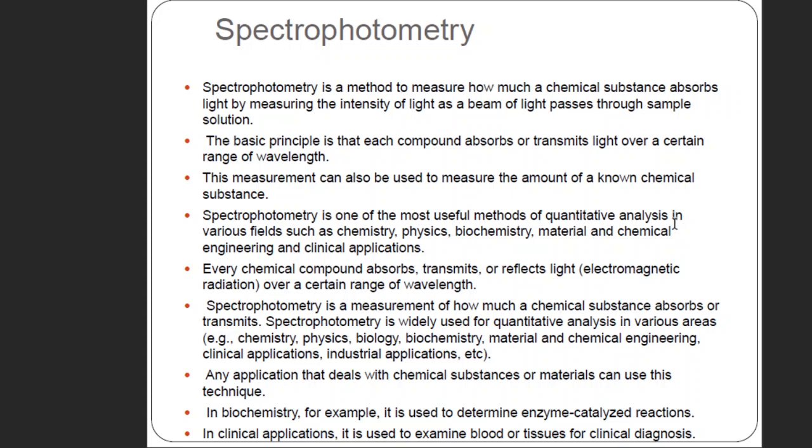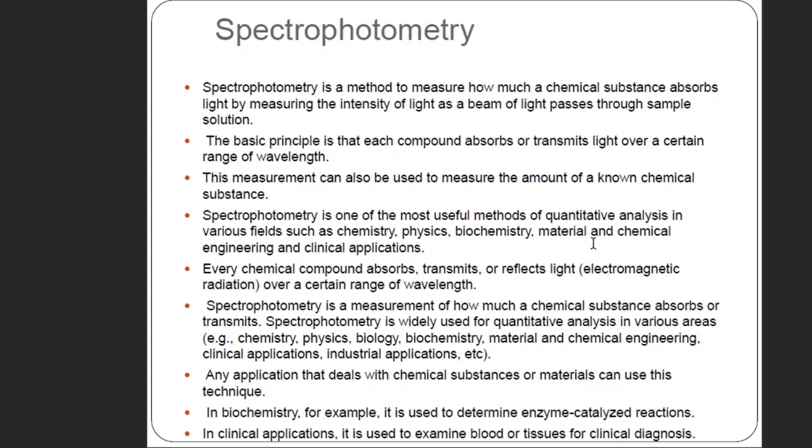That qualitative estimation can be done by performing spectrophotometry. In biochemistry we can use it for different purposes. Not only in biochemistry, it is also used in physics, chemistry, material science, engineering and clinical sciences for qualitative as well as quantitative estimation of different compounds.